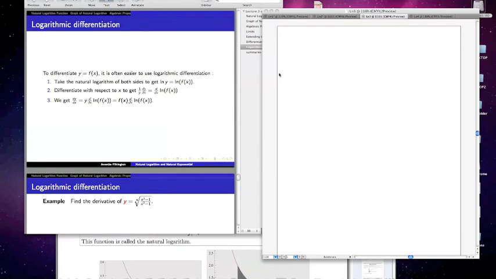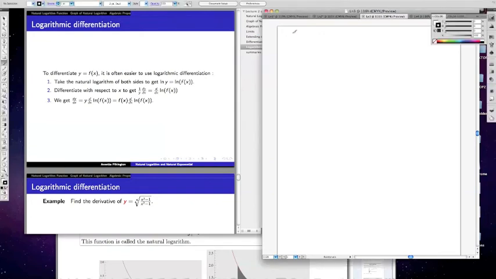The last topic on our list is logarithmic differentiation. And to apply this, we have a very complicated function f of x, say for example f of x equals x plus 1 squared times the cubed root of x plus 2, all over x minus 10 squared.